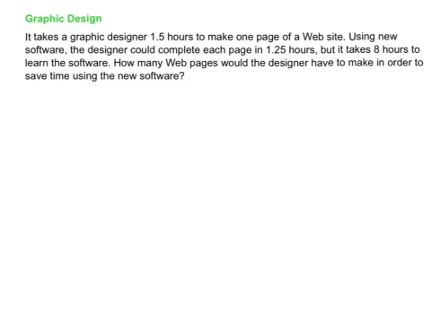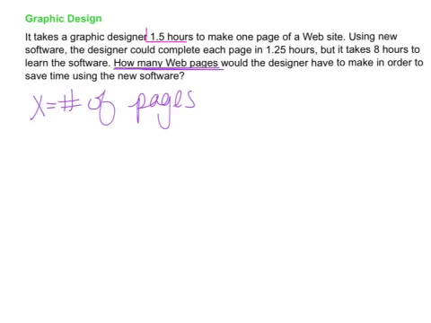And so this one is asking how many web pages would he have to make for it to be worthwhile. And so that's what's going to be our variable. We're going to say x equals the number of pages. And our next thing is to write an equation. We know that it takes 1.5 hours per page.